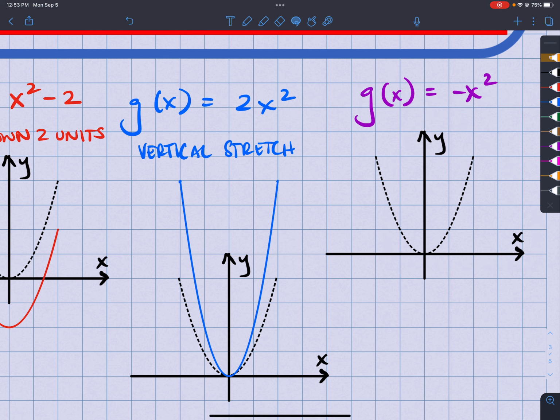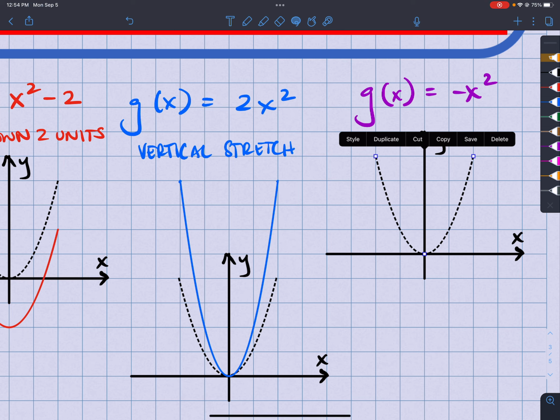All right, so what does this actually want me to do? This is telling me to take the y value and multiply by -1. So if I have my y value here, which is 4, multiplied by -1 is now going to be -4. Same thing here. If this is +4, it is now going to become -4, and 0 is going to stay 0.